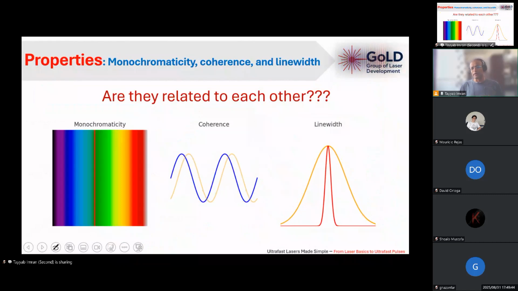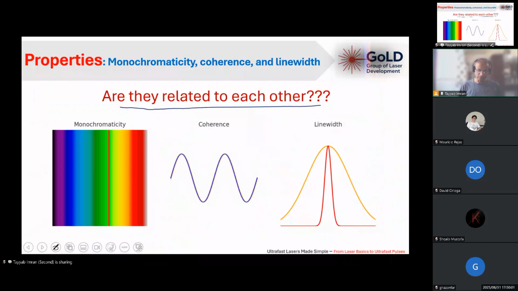So here: monochromaticity, coherence, and the line width. Line width we saw in the first slide, the line spectrum. Are they related to each other? Yes, they are, to a certain extent. So what you see in this animation, first, is monochromaticity.